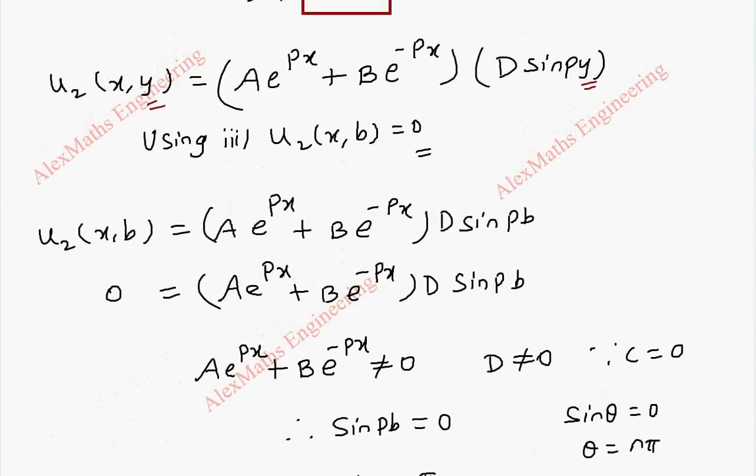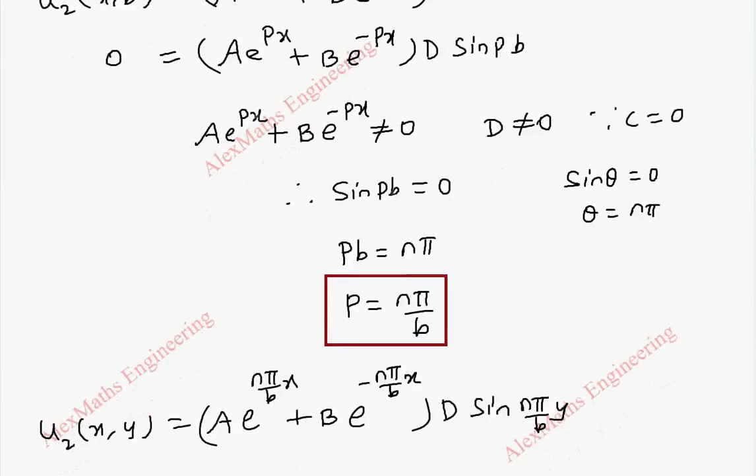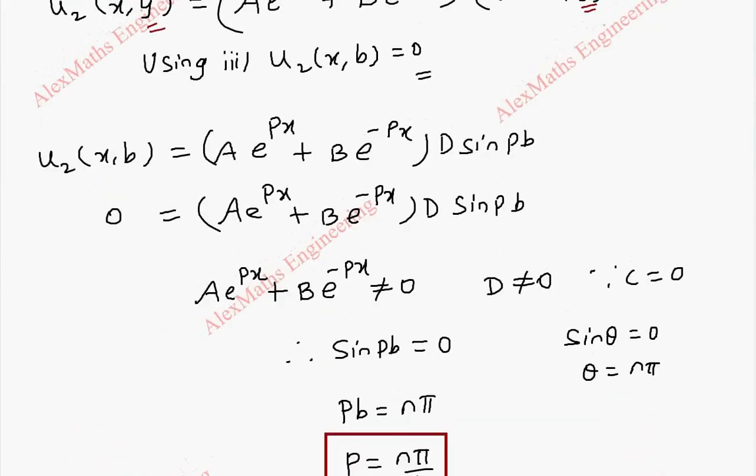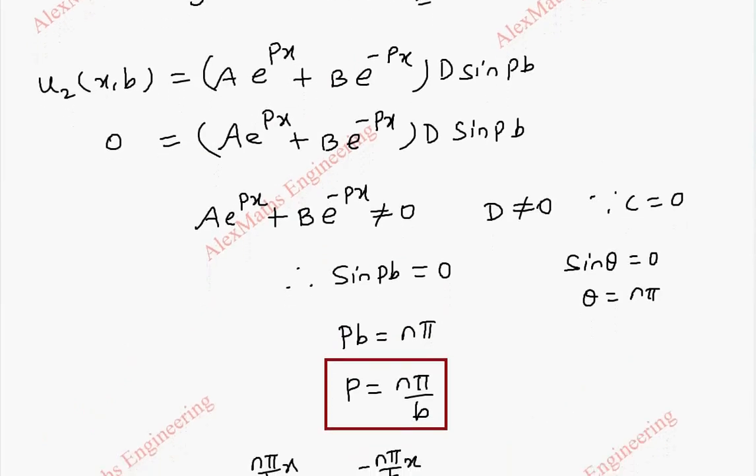Let's cross check again. So we replaced p and the rest of the terms are written as is: (a e^(n pi x by b) plus b e^(-n pi x by b)) d into sin(n pi y by b).